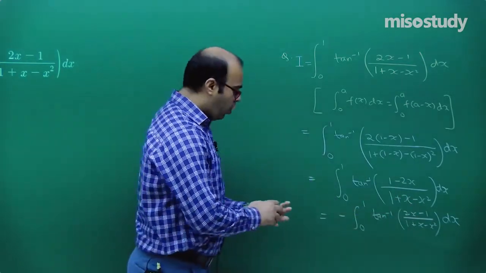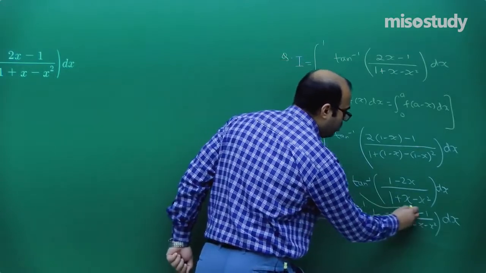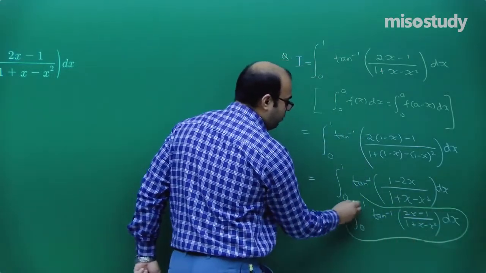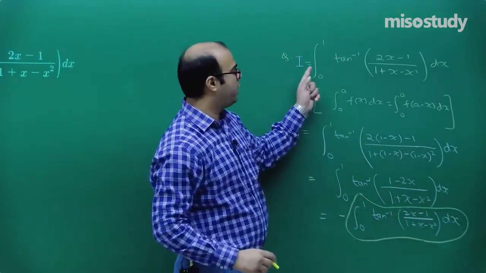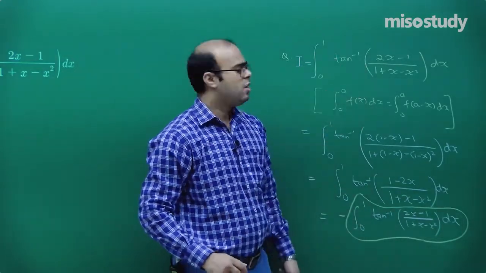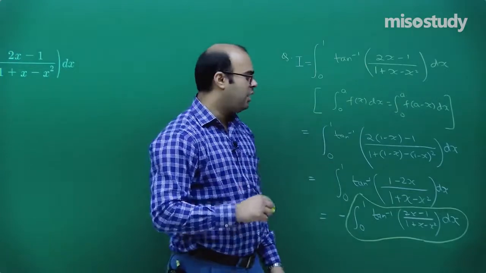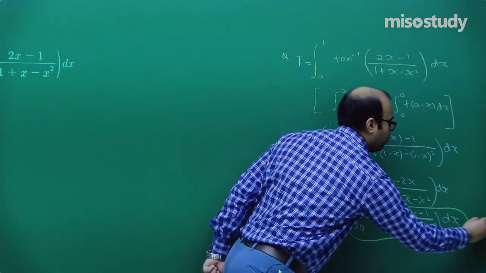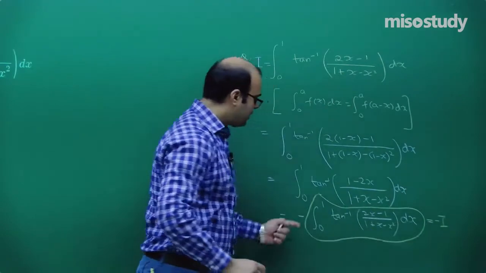So, now if we observe this particular integral, what is this integral? If you see the question, this integral is same as the integral given in the question. So, isn't this I? Yeah, this is I. So, can we say that this is finally equal to minus I? There is a minus sign before it.